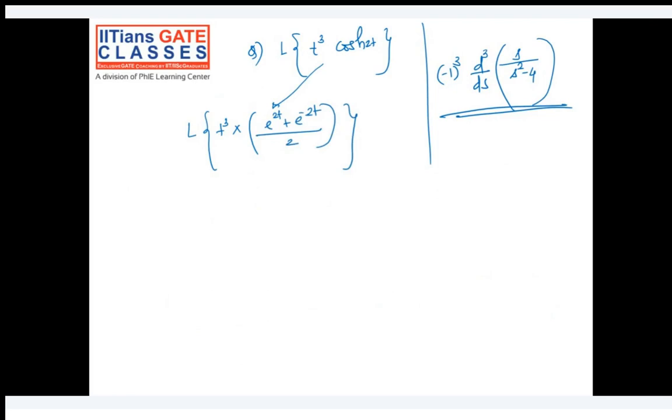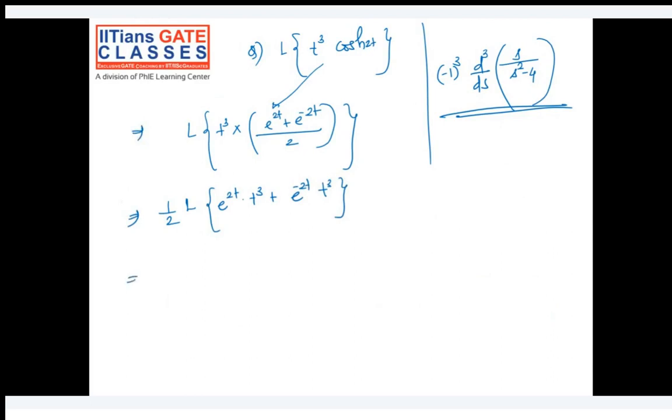So now you can split this basically. Laplace transform of one by 2, take it out completely, e to the power 2t into t cube plus e to the power minus 2t into t cube.